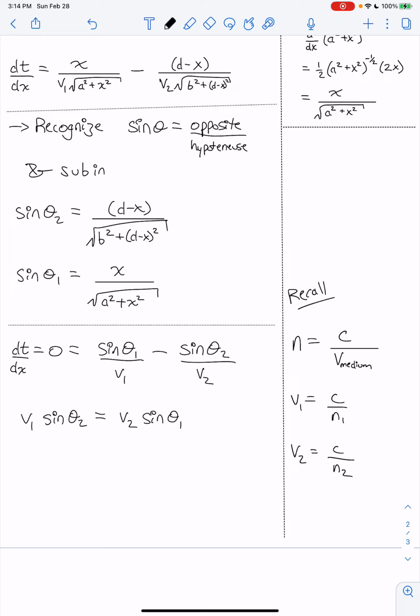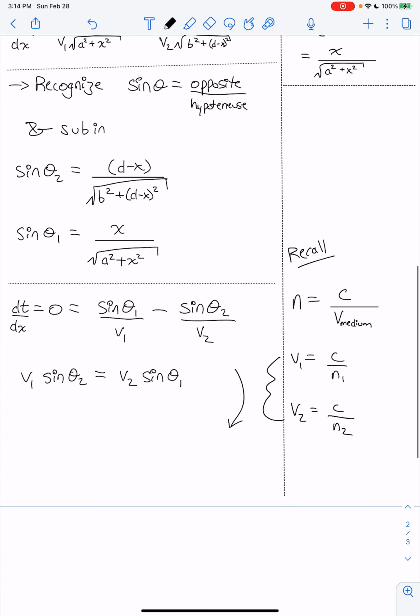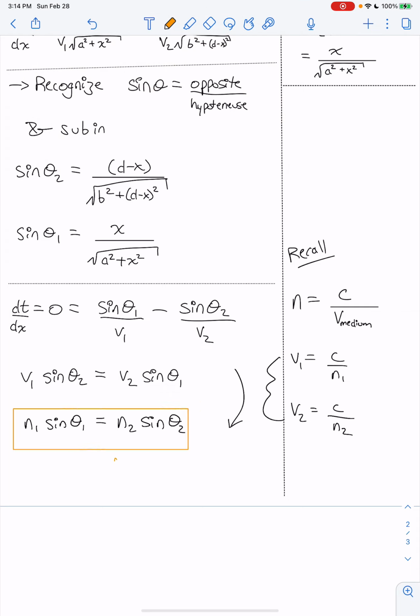And so if we substitute those in, we end up with an equation that should look quite familiar, which is n1 sine theta 1 is equal to n2 sine theta 2. And that is Snell's law.